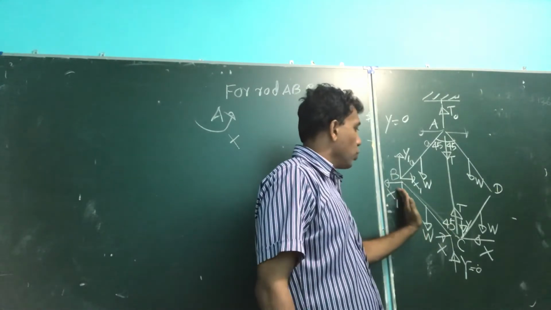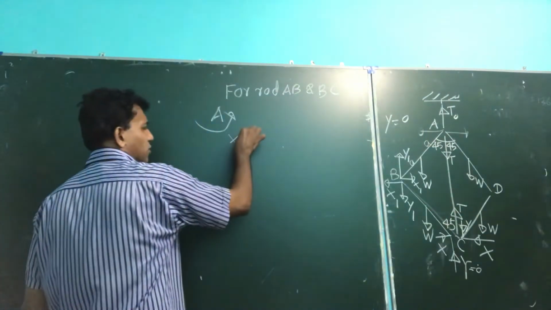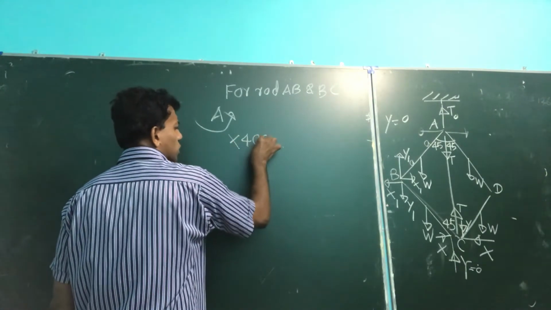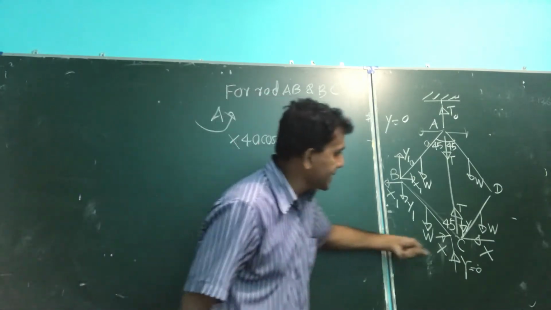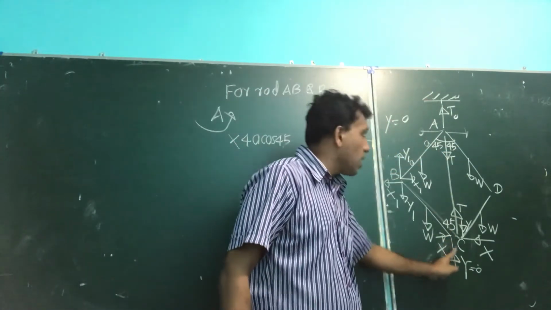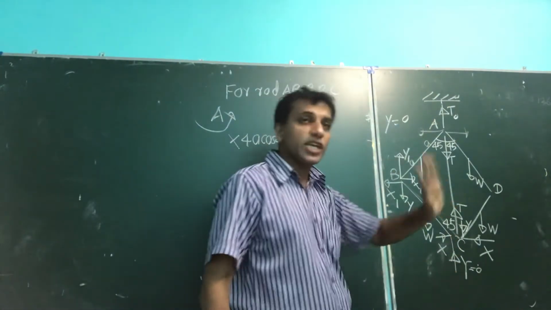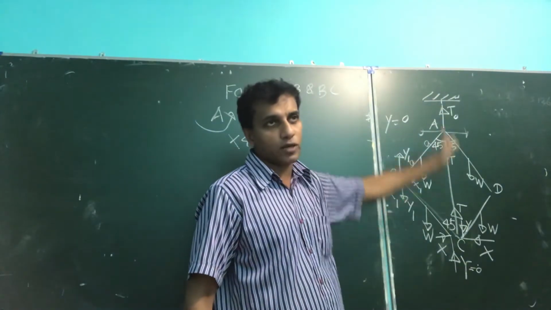What is that? 2a cos 45, 2a cos 45, 4a cos 45. Okay, X. Y is 0, T also passes through A. If Y is not 0, no problem, Y won't come, because you can't take it.